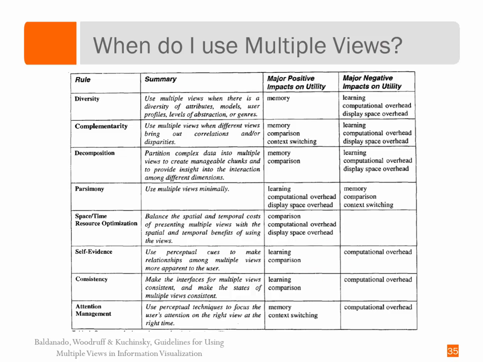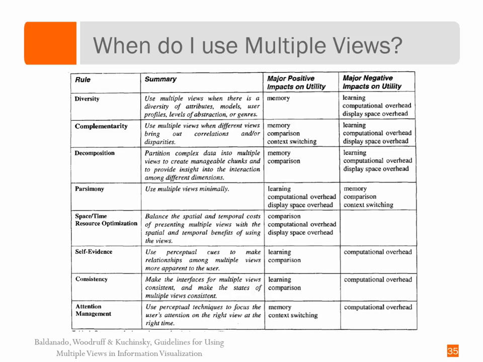Now, this whole discussion that we've been having on when do I use multiple views, sometimes that's a little bit difficult to figure out. What's the logic behind it, and how do I determine whether I should be using multiple views? So what I've provided for everyone here is a matrix of rules on whether you should or should not use multiple views. And it goes through some of the rules. There's a diversity of data.